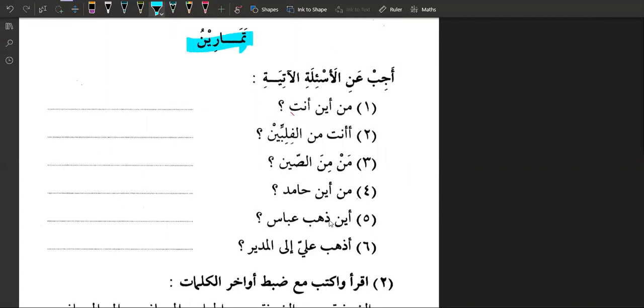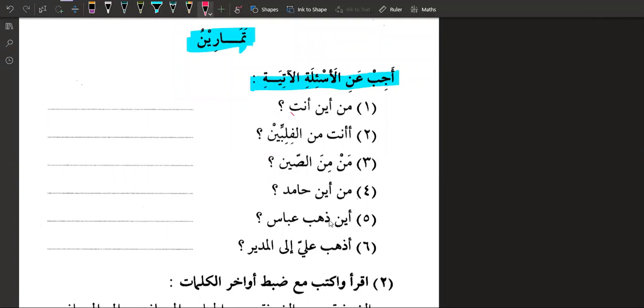طيب تمارين. Remember تمارين, exercises. التمرين الأول: أجب عن الأسئلة الآتية. So أجب, answer from the following questions.